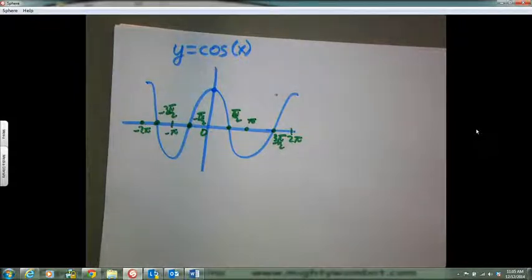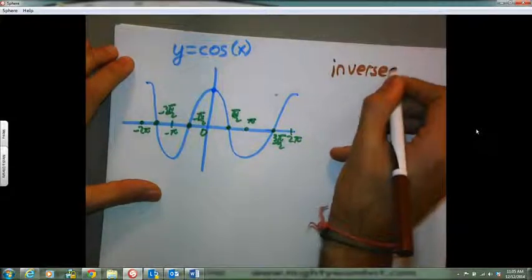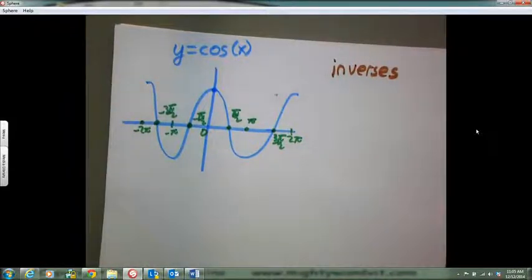Now to the question, some background that you'll need in order to answer part 3. So we have an interesting dilemma here. We want to talk a little bit about inverses. And inverses are a topic we discussed in Unit 2.